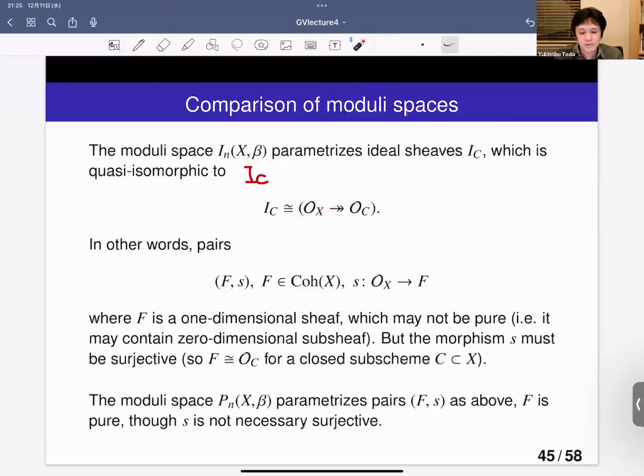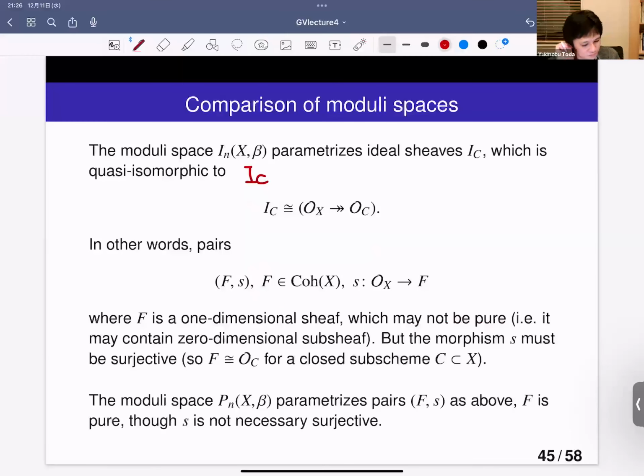But this pair is slightly different from the Pandharipande-Thomas stable pairs. If you regard this ideal sheaf as a two-term complex associated with some pair, this pair is such that F is now a one-dimensional sheaf, but may not be pure.